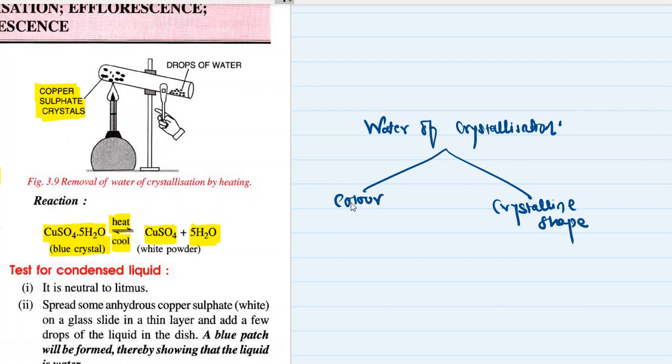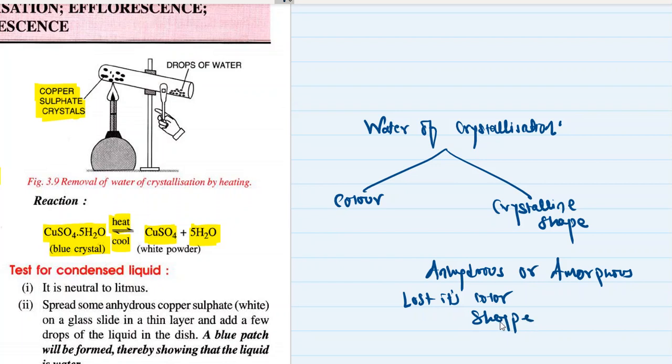It gives color to the salt. In the absence of water of crystallization, the salt becomes anhydrous or amorphous. Amorphous or anhydrous simply means that it has lost its color as well as its shape.